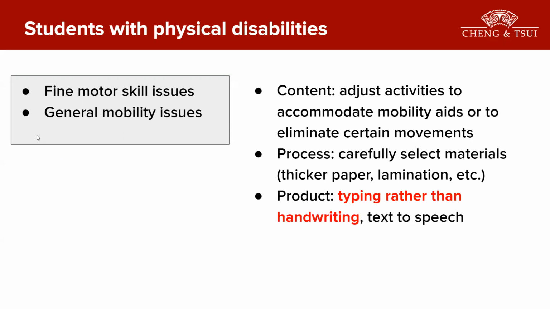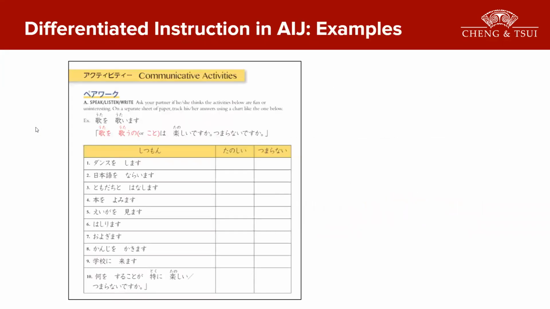The example that I will share with you is to perform output by typing the answer rather than handwriting it. On AIJ Level 2, page 45, students are asked to write his or her answers on a separate sheet of paper in a chart like this one below.